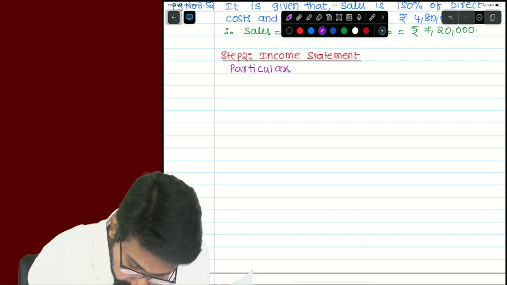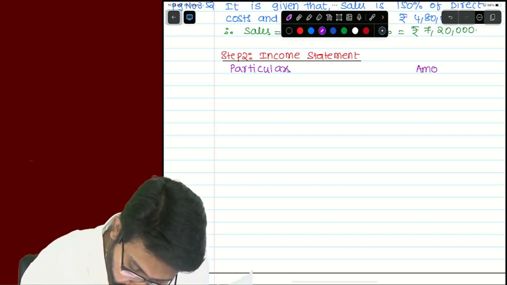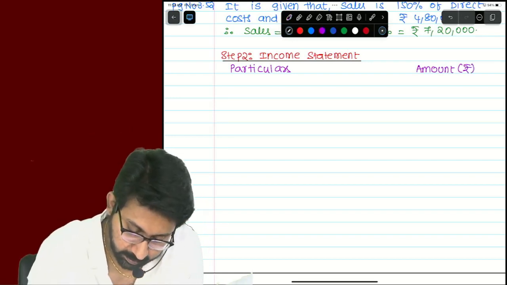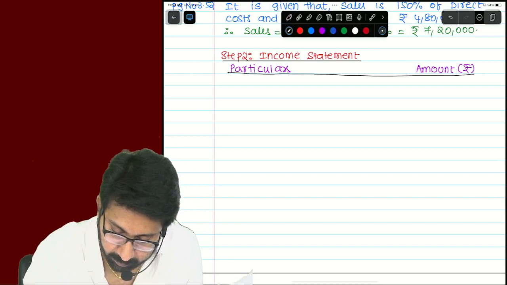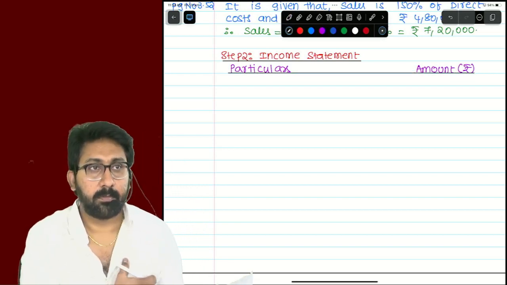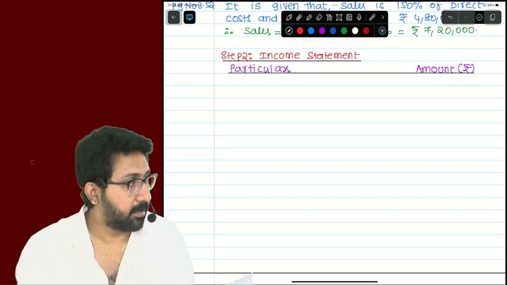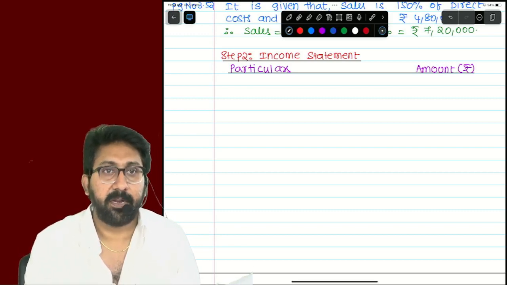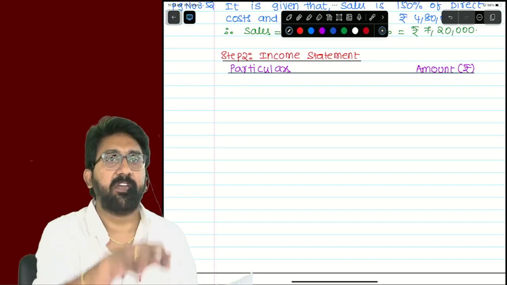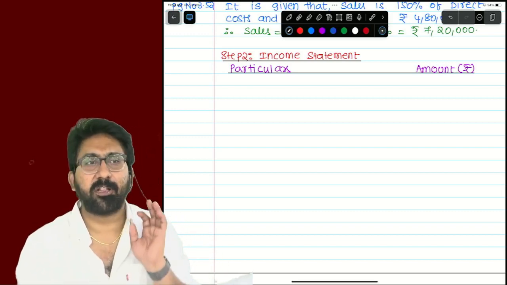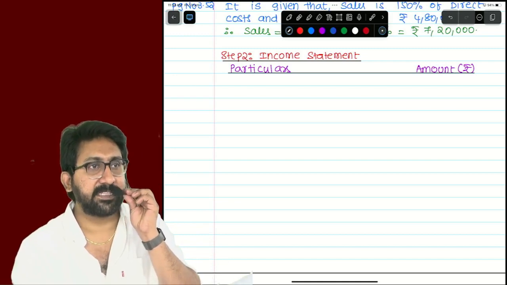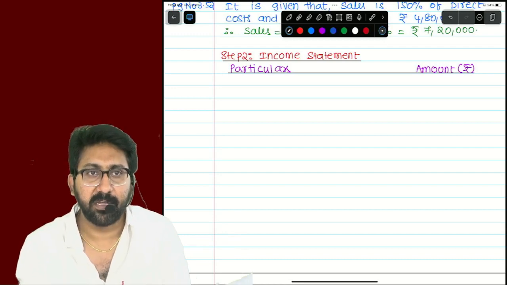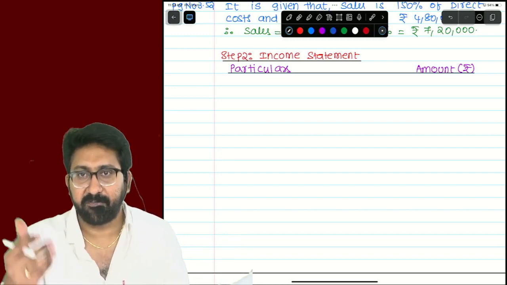Particulars, amount in rupees. What are we doing in this? Which statement? Income statement. Income statement means P&L in a different way. We will generally take gross profit and all these things, but here all those will not be there. Sales minus cost, EBIT, like that we will do. This is called the income statement, P&L in a different way.